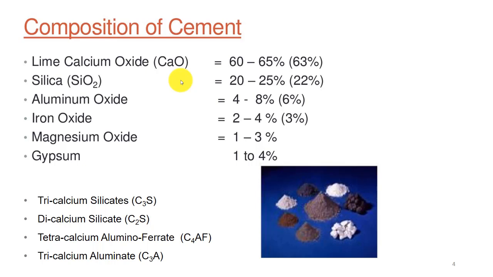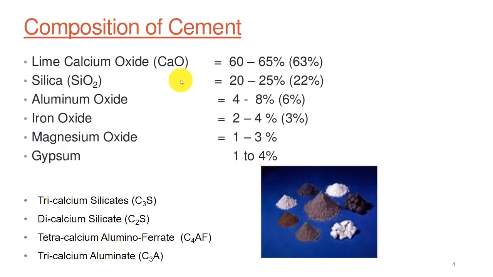The silica is the second most abundant compound present in the cement. Thirdly, the aluminum oxide, 4 to 8%. The use of aluminum oxide is recommended. And then the iron oxide, 2 to 4%, and magnesium oxide, and gypsum.